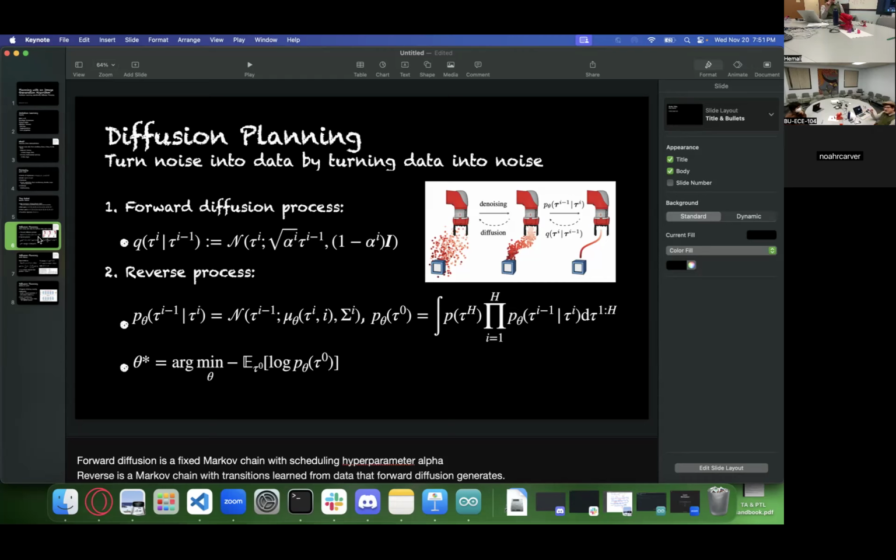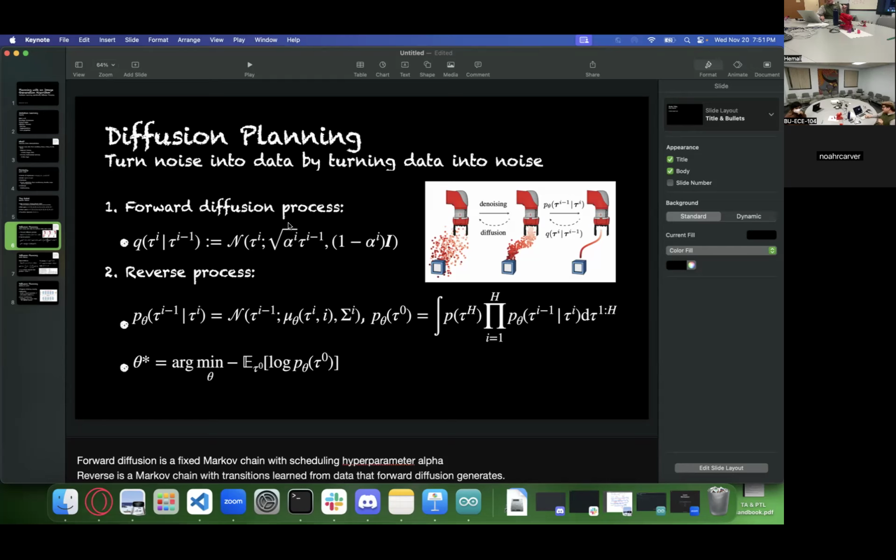So at the beginning, our variance, this 1 minus alpha i times the identity matrix, this is our covariance, is going to be very small, and then it's going to increase in size.